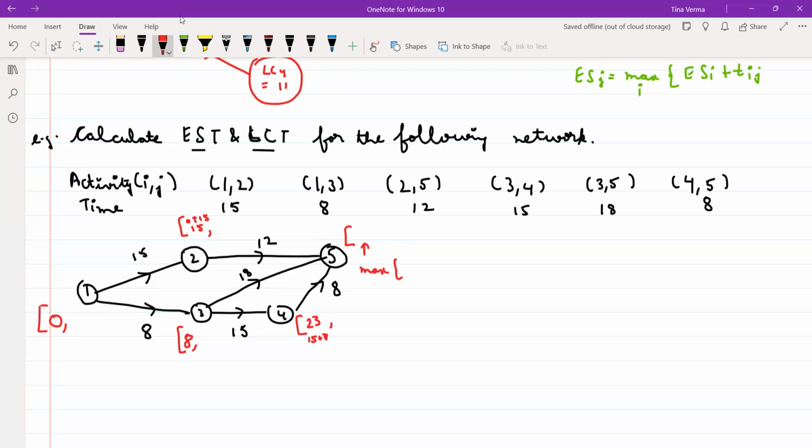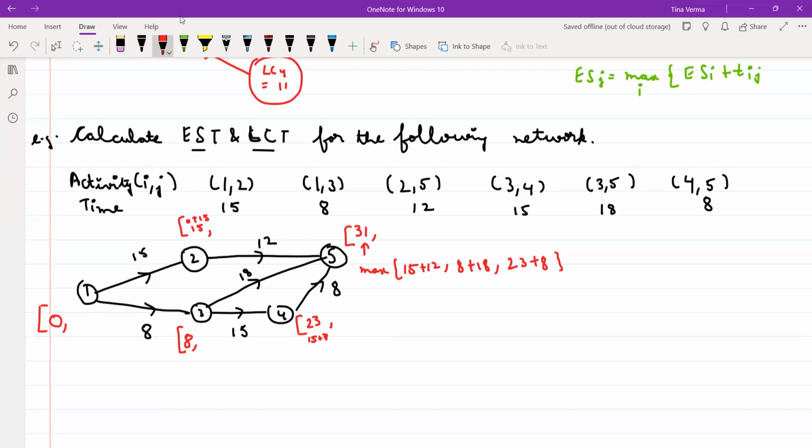The second node, that is your 15 plus 12. It is also coming from the third node, that is 8 plus 18. It is also coming from the fourth node, that is 23 plus 8. Is it clear? Yes or no? What is the maximum? Clear? So this will be 31. Is it clear? Any doubt?